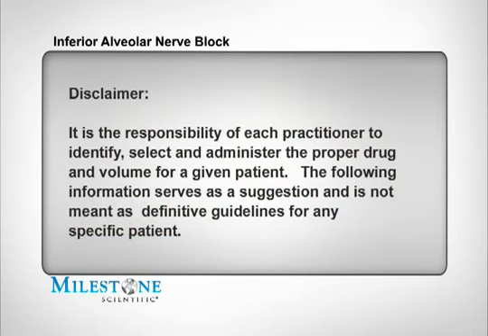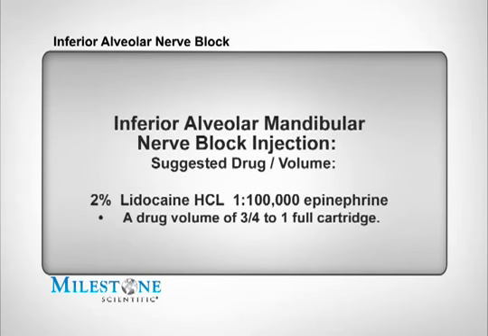It's the sole responsibility of each practitioner to identify, select, and administer the proper drug and volume for a given patient. The following information serves as a suggestion and is not meant as definitive guidelines for any specific patient. The suggested drug and volume to perform the inferior alveolar nerve block injection is 2% lidocaine HCl, 1:100,000 epinephrine.